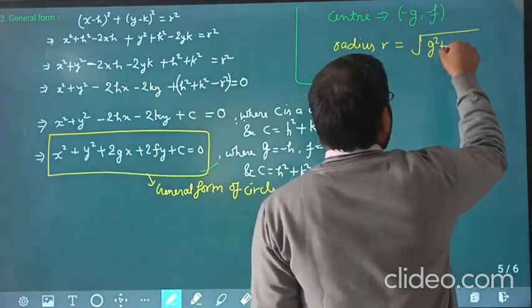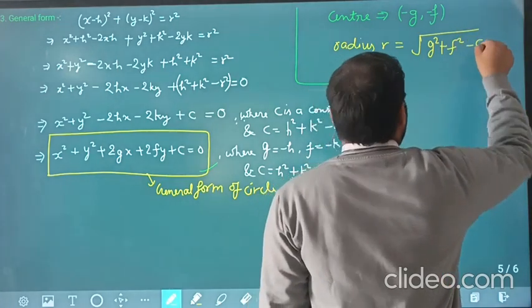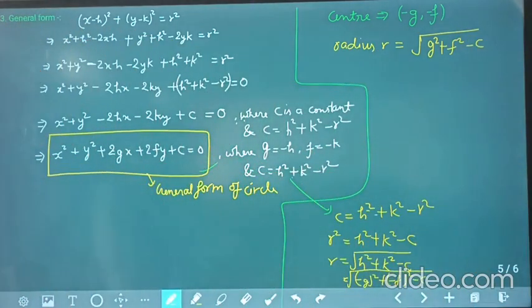So g square plus f square minus c will be the radius of the given equation of the circle.